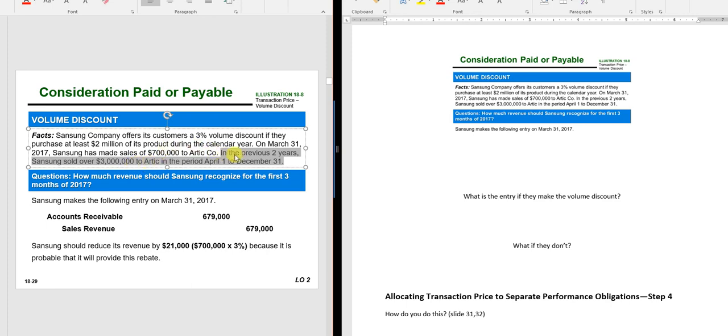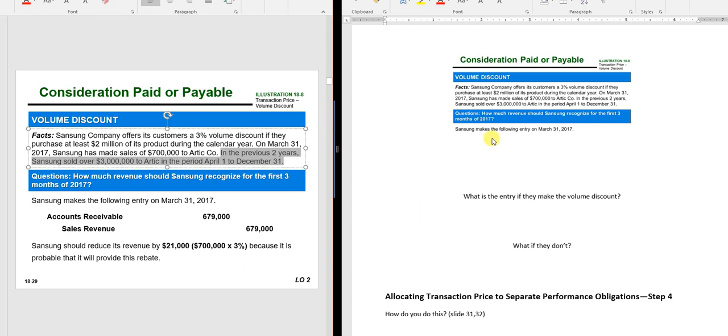But since in the previous 2 years they've made the $2 million, I record it net of the discount. So I have 679,000. If indeed they don't make the discount, then they're going to pay me an additional amount, and I'll add that to the sales revenue and accounts receivable in the period of time when I figure that out.